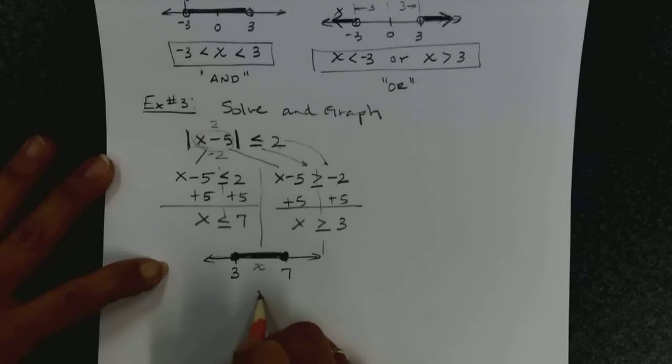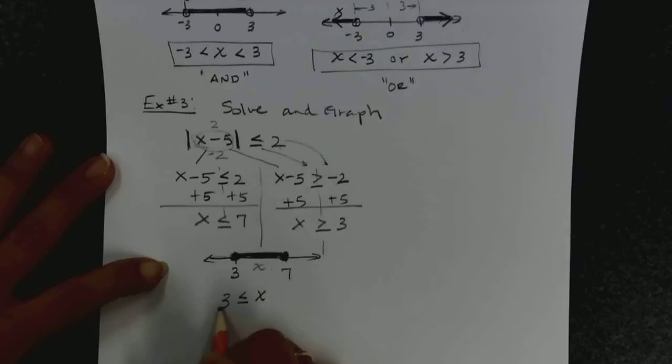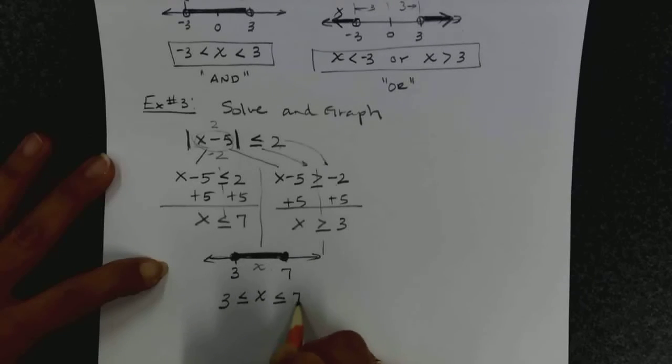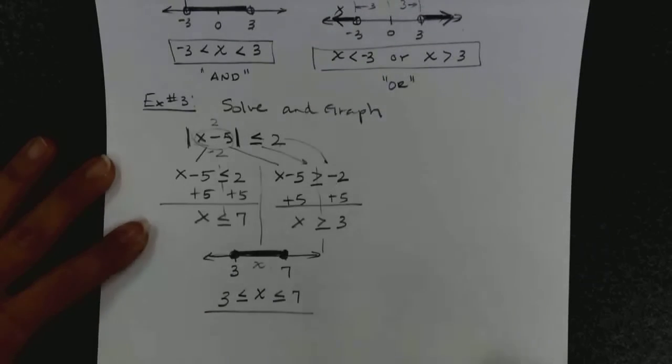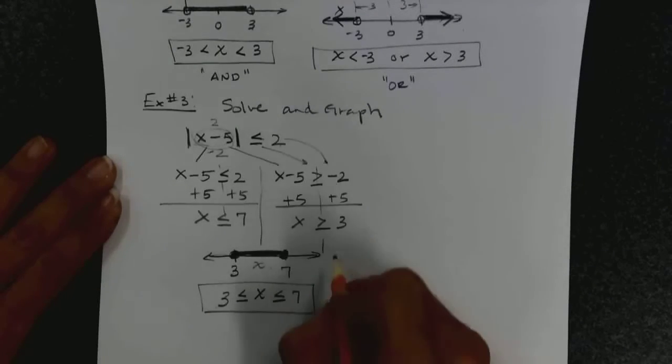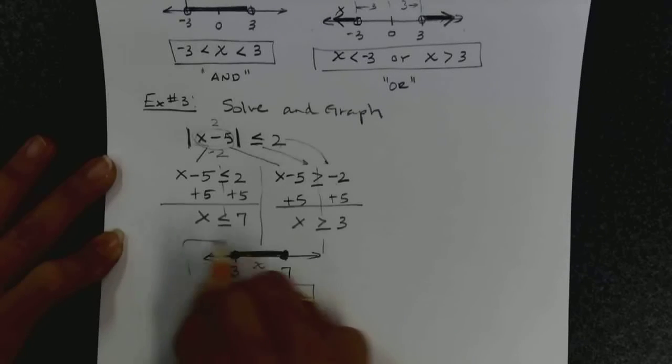Because this is an AND, we have to rewrite our answer as a compound inequality. So we're going to write it like this, where x is greater than or equal to 3 and x is less than or equal to 7. And this will be an AND.